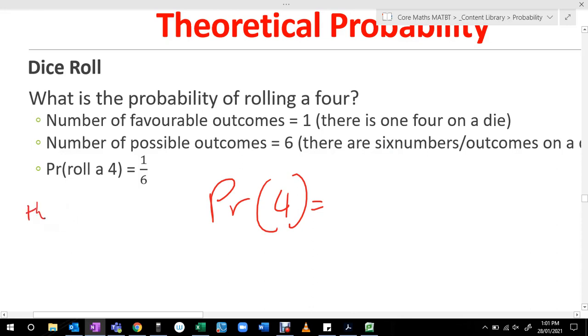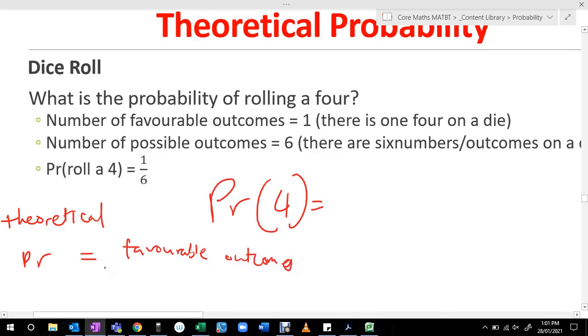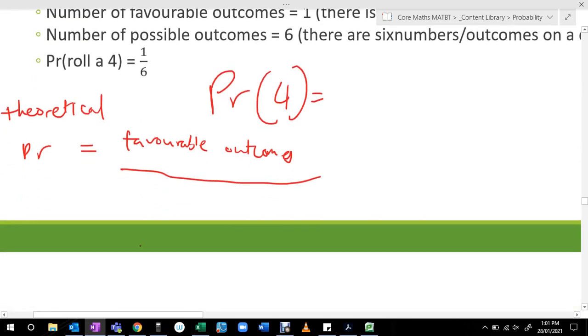Let's call this theoretical. Handwriting is so bad. Theo. So theoretical probability is going to be favorable outcomes divided by possible outcomes, so total outcomes or number of possible outcomes.